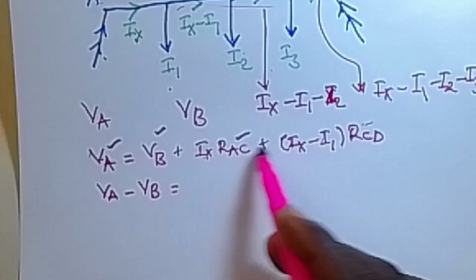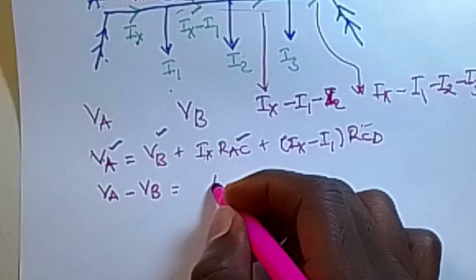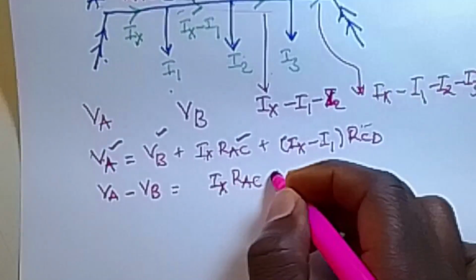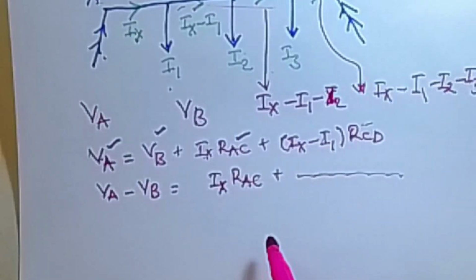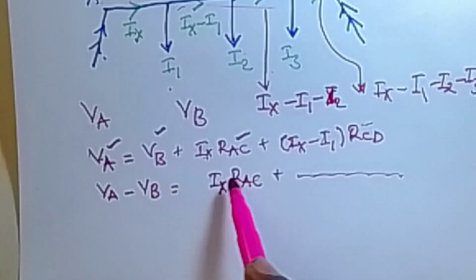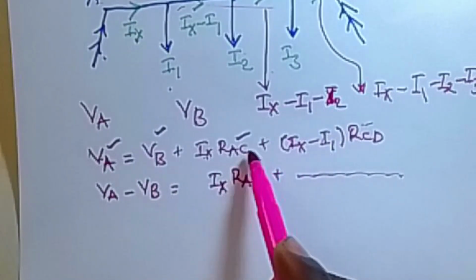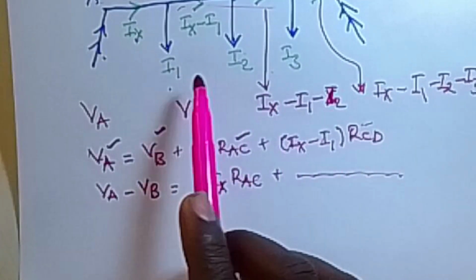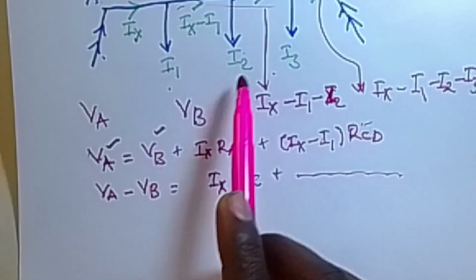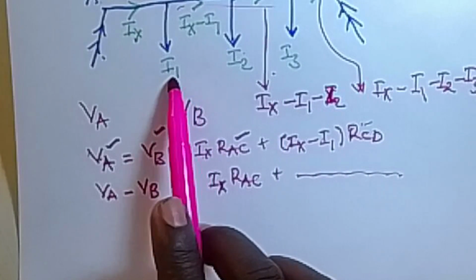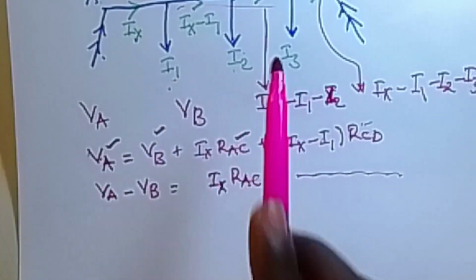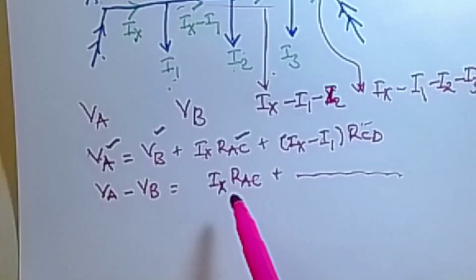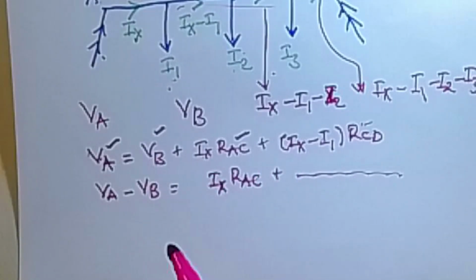So you will get Ix times RAC plus all the rest of these. At the end of the day, you can make Ix the subject since you've calculated all the respective values of R, and the currents here will always be given in amperes, maybe 30, 20, and so on and so forth. So what you're going to be left with is simply making Ix the subject.